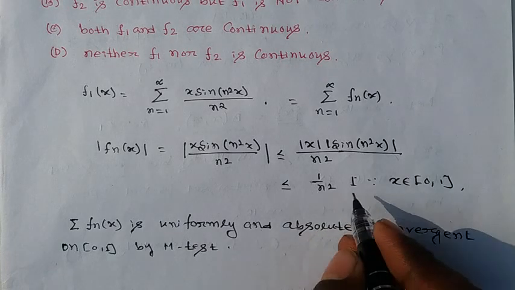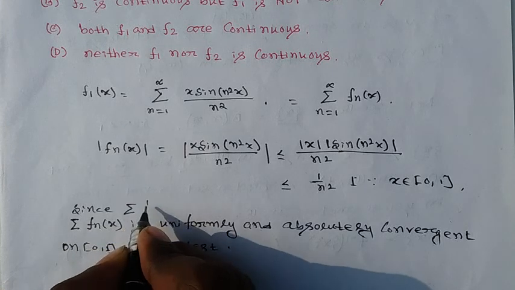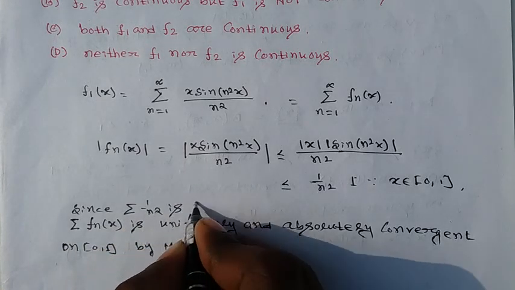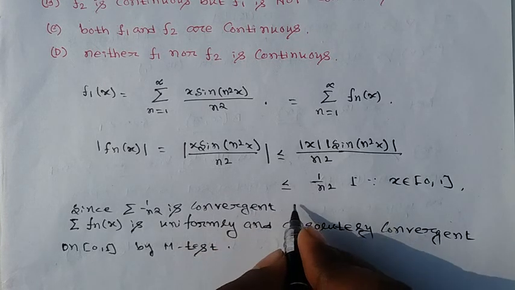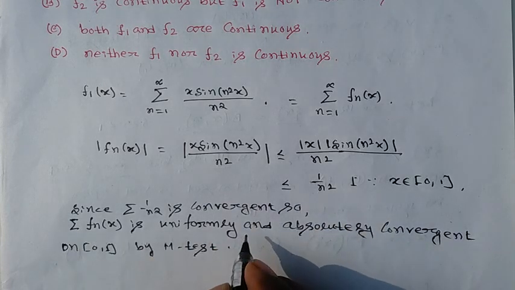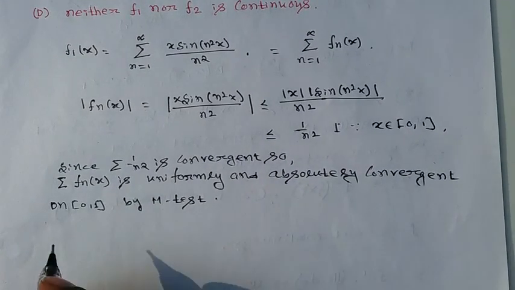And first of all, since the summation of 1 by n squared is convergent, so the summation of fn(x) is uniformly and absolutely convergent on the closed interval 0 1 by the M test.